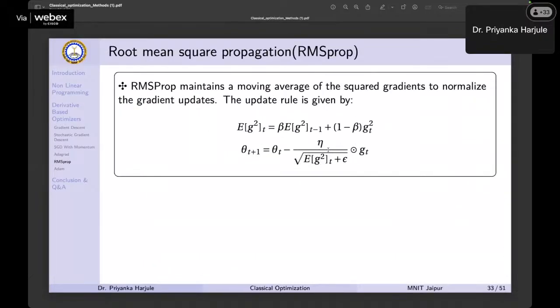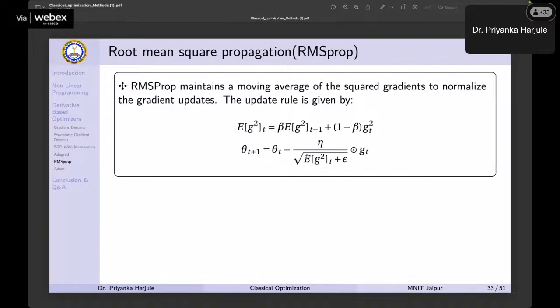That is when we require another optimizer, RMSprop, which makes use of an exponential moving average. This is again another adaptive learning rate optimizer, designed to overcome the diminishing learning rate problem in AdaGrad.